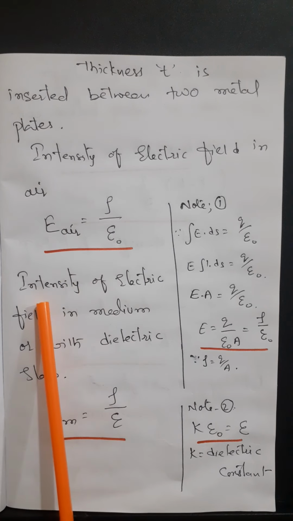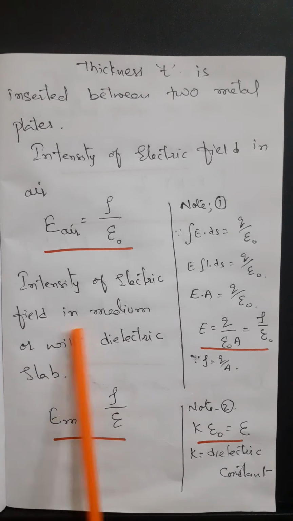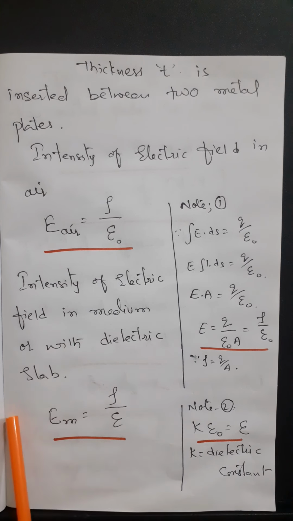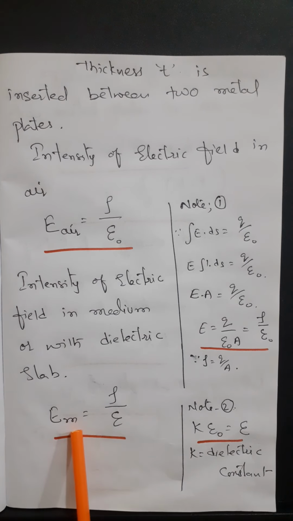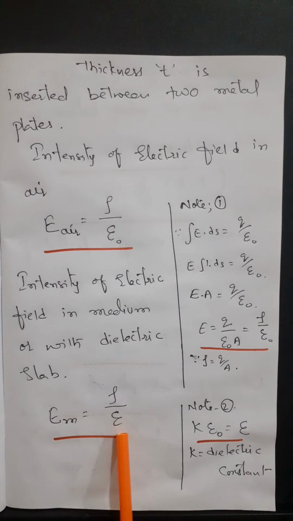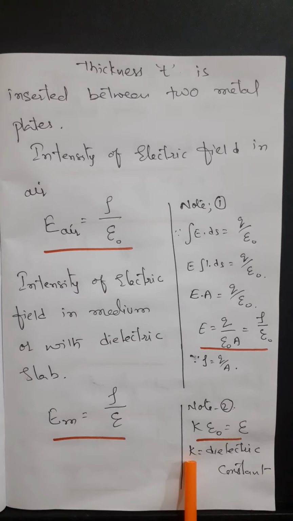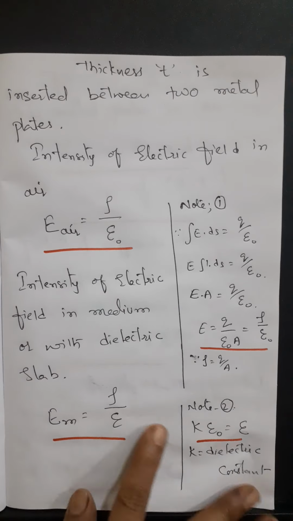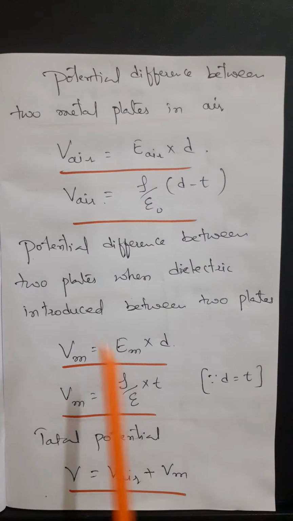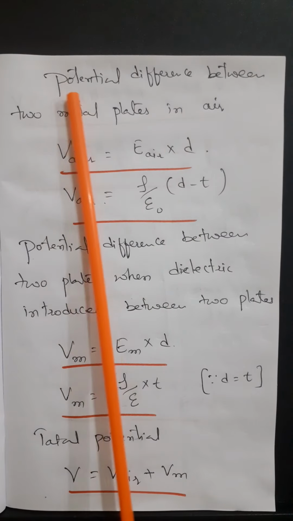Now suppose the intensity of the electric field in a medium with the dielectric constant is written as Em, where m is for the medium, equal to rho by epsilon. Here K epsilon naught is epsilon, so K is the dielectric constant. Now we have to calculate the potential difference.